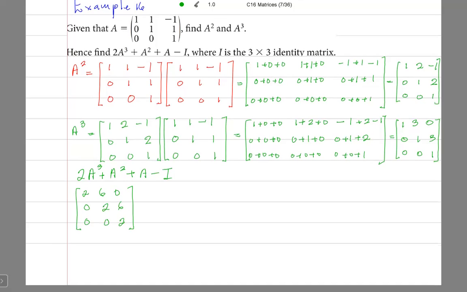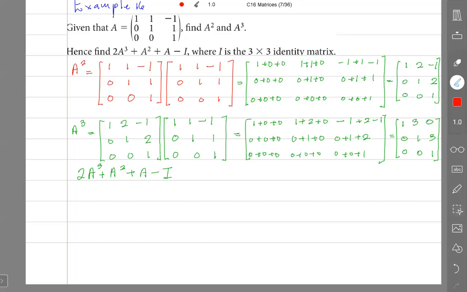All right, let's make it a little smaller. We might need the space.